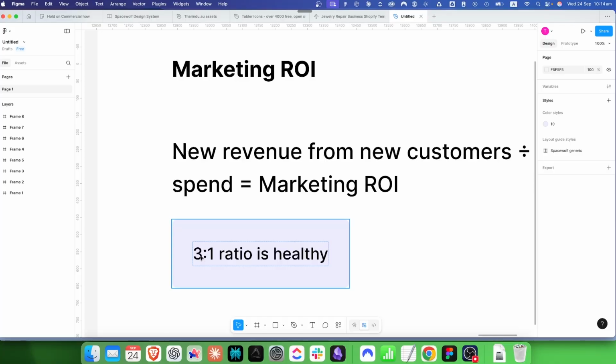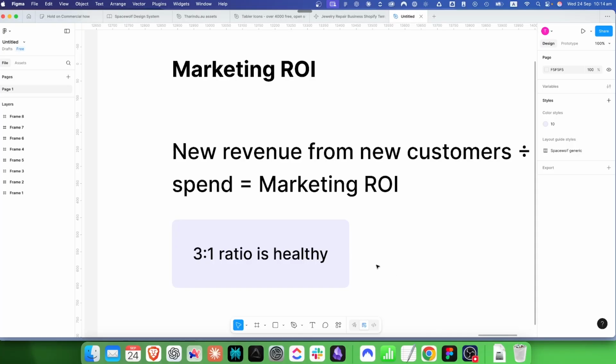This is also very good depending on where you are. If you're starting out, this is going to be negative. Basically, you're going to spend more on marketing and get less back. But over time, this is going to change to 1-to-1, meaning now you're breaking even. So at least you're now recovering your marketing cost, which is good, but it's not really helping you grow at this stage.